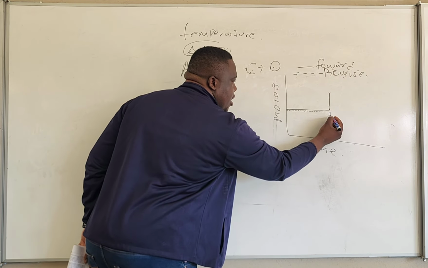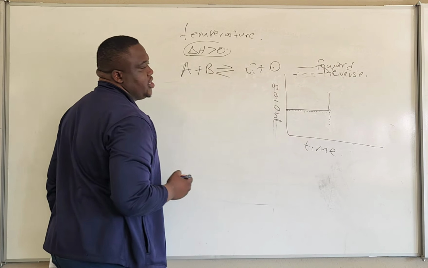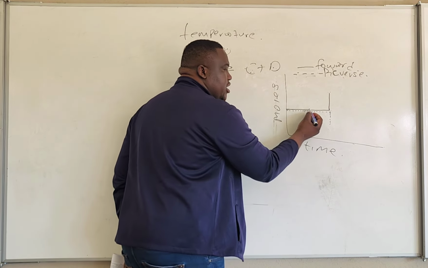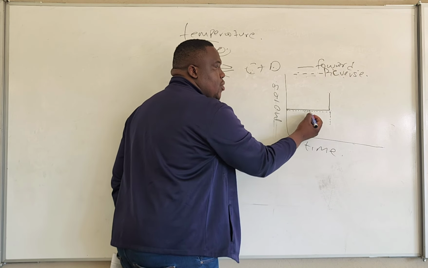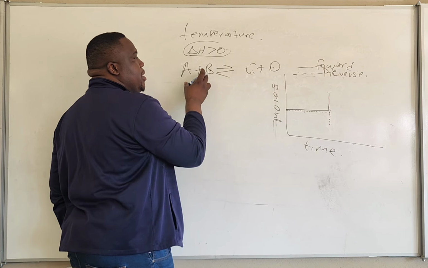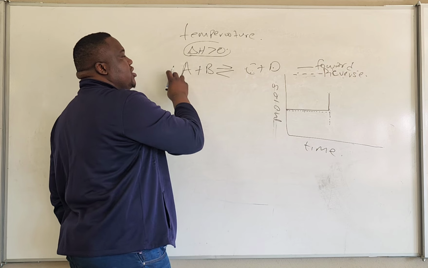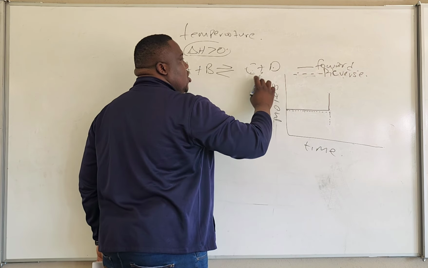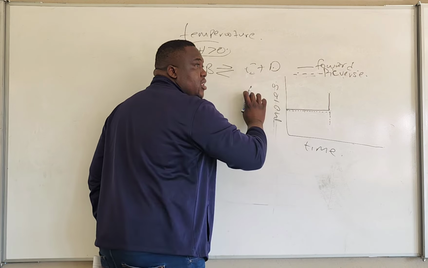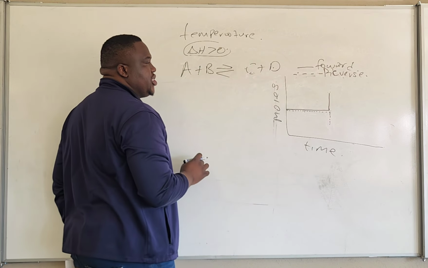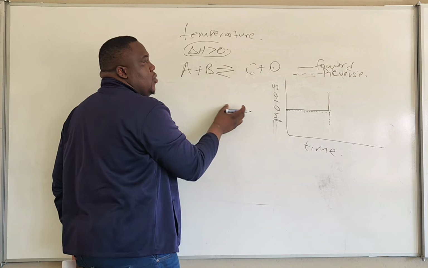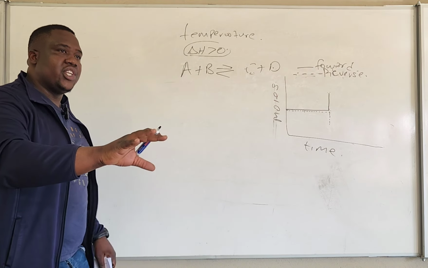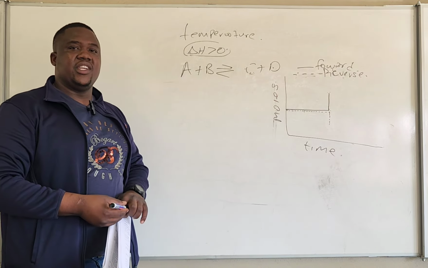I want to explain how temperature affects the rate of reaction. Can you see that? So at this point here, everything was at equilibrium, meaning that the formation of A and B was equal to the formation of C and D. The rate of the forward reaction was equal to the rate of a reverse reaction.